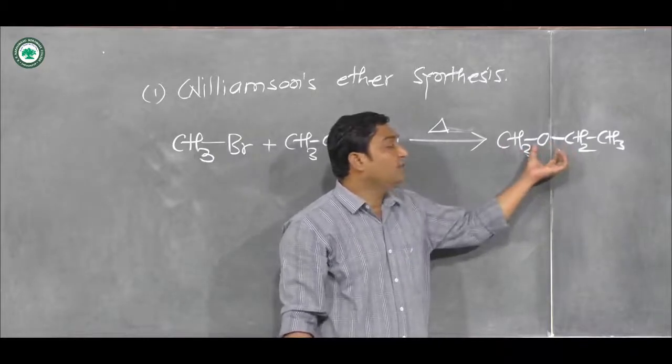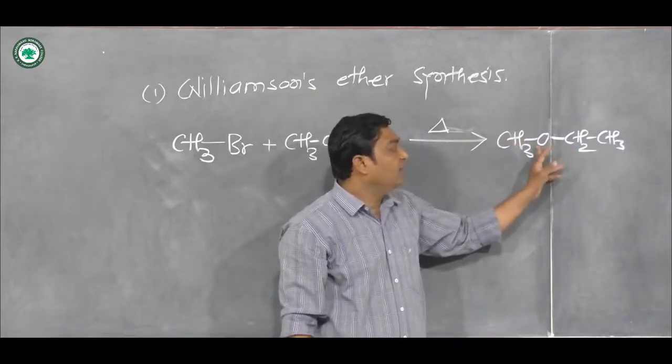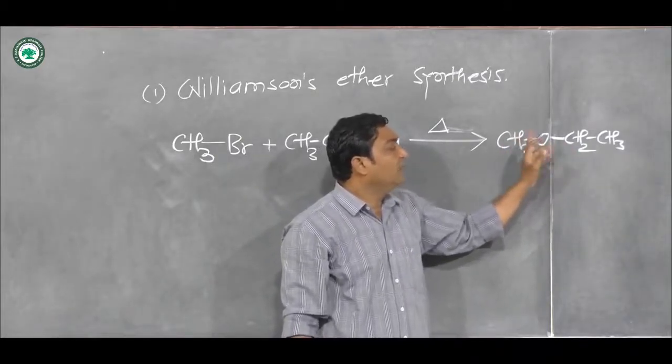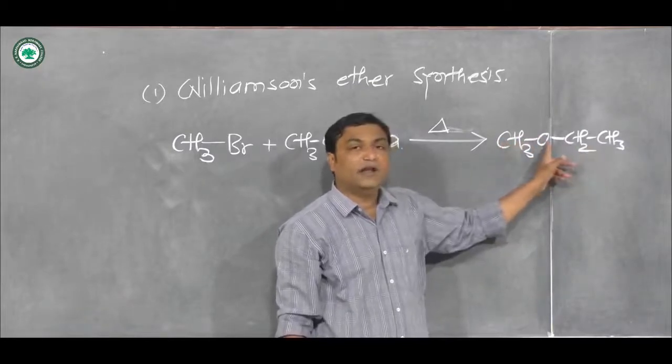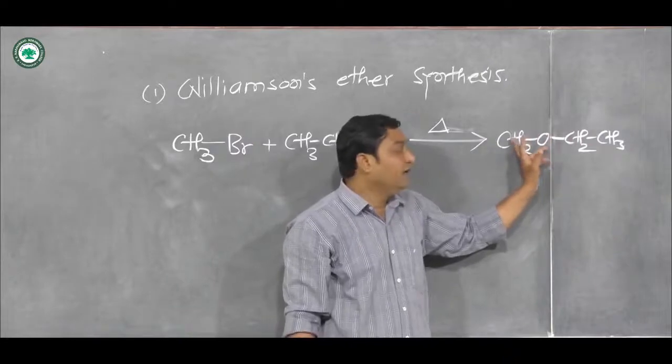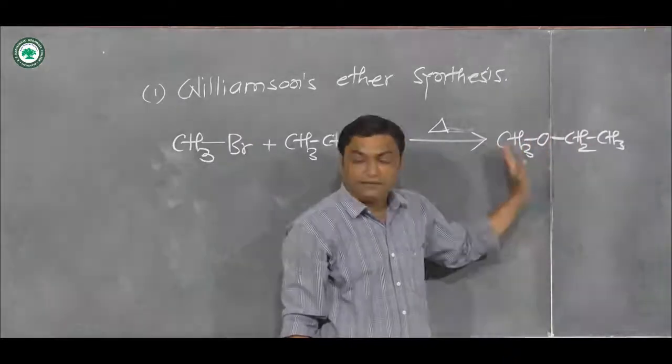Look at this product. We observe here that both the alkyl groups on this and this side of the oxygen atom are different. Hence, it is unsymmetrical ether.